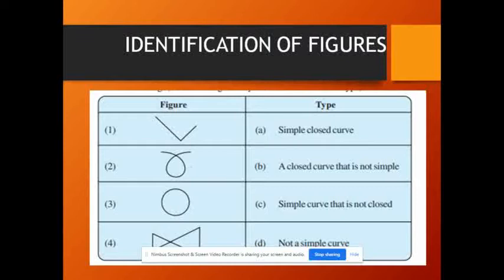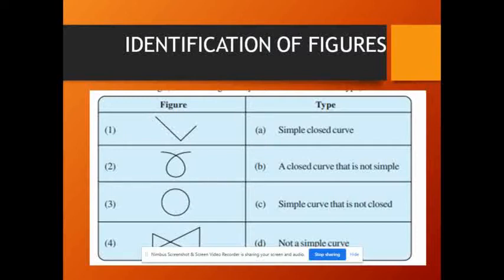Then second one, look at this, it is not completed. Third one, it is completed as well as closed. Fourth one, it is also completed and closed. So now we are going to match these figures.